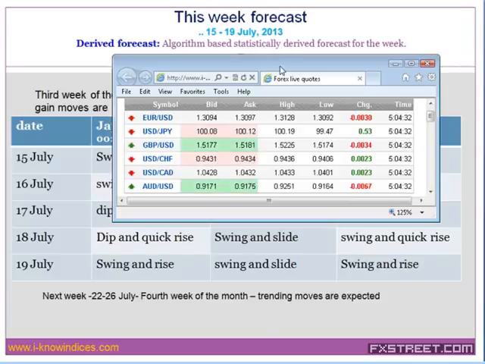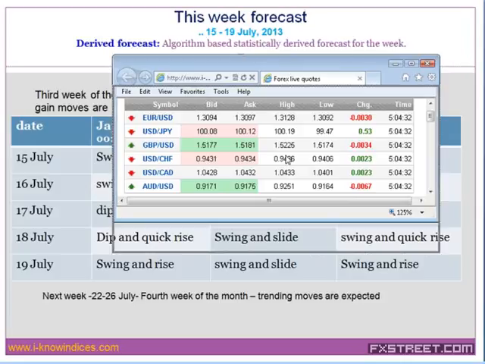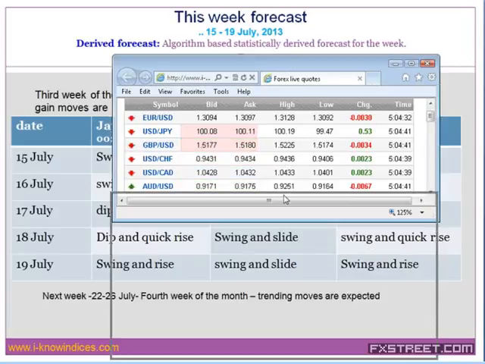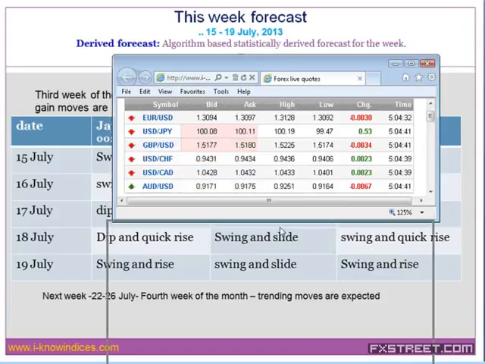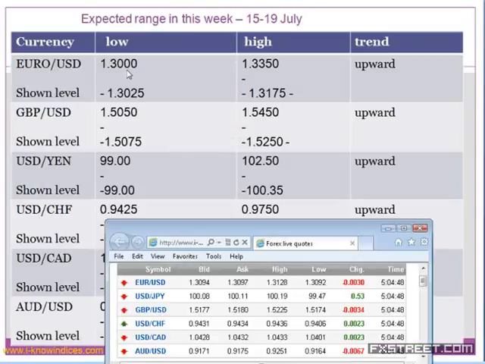Now coming to the fine tuning of the levels, what they have shown. I explained on Monday what could be the possible range in the case of the 4 majors and 2 commodity pairs in this particular week. So I gave the low could be 1.300.